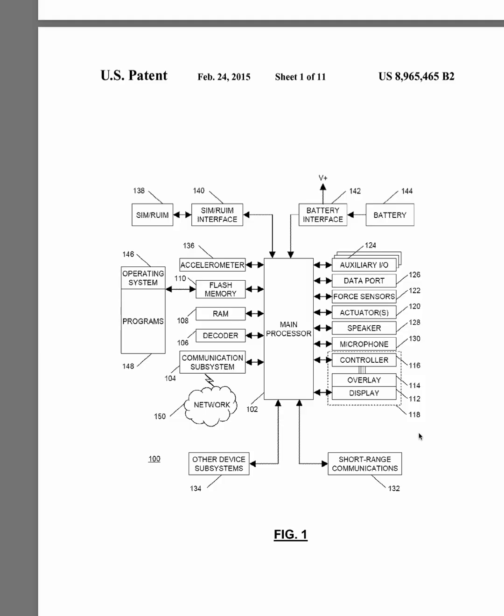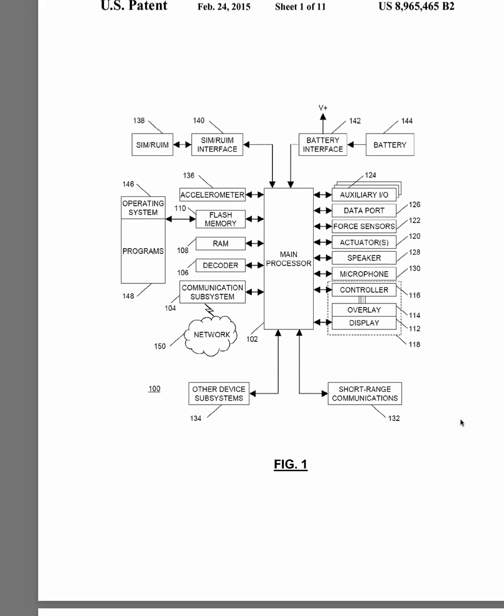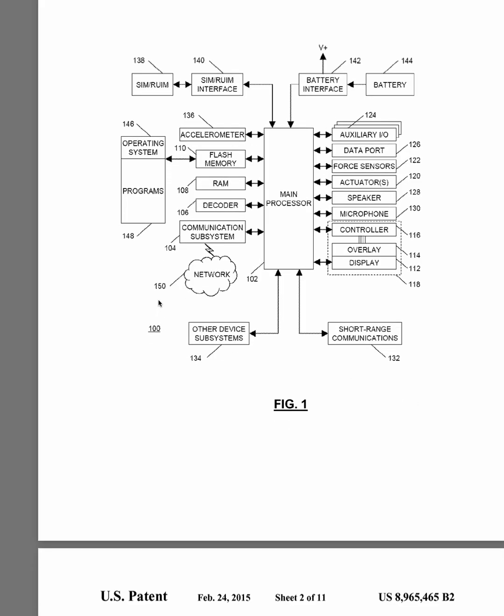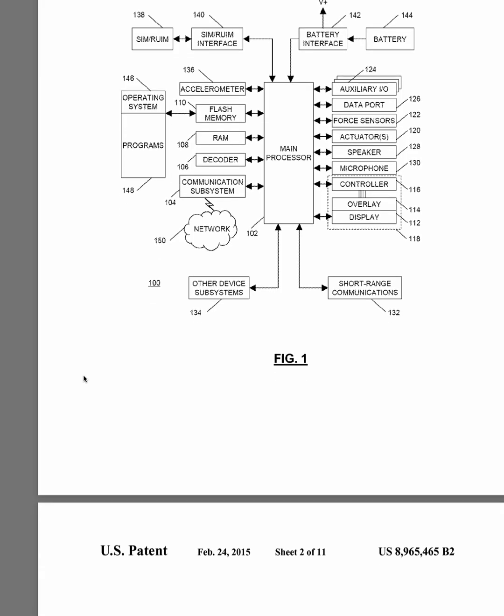So you see the main processor is 102, network 150, communication subsystem 104. As we go through, and if you're trying to figure out what the inventor is talking about, these numbers correspond to the components, and the inventors will explain what each of these mean.